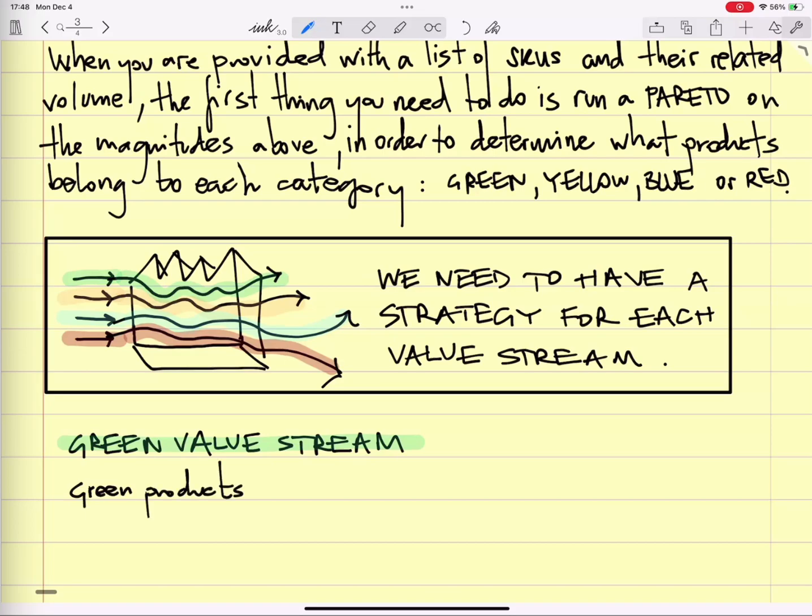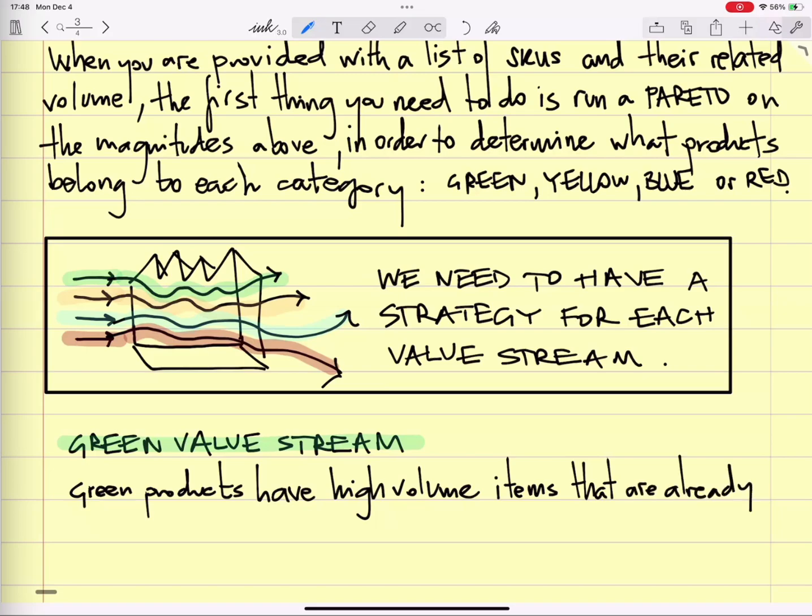So green products have high volume items that are already produced in a frequent manner.